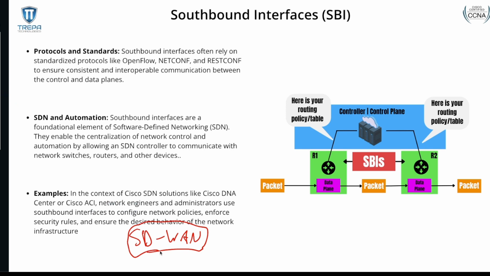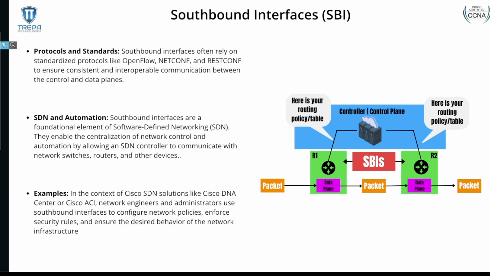It was awesome, and I'm eventually going to put out a video series for it. But besides that, these solutions use southbound interfaces the same way any of the open source ones would, like OpenFlow here. They enforce security rules and ensure the desired behavior of the network infrastructure.